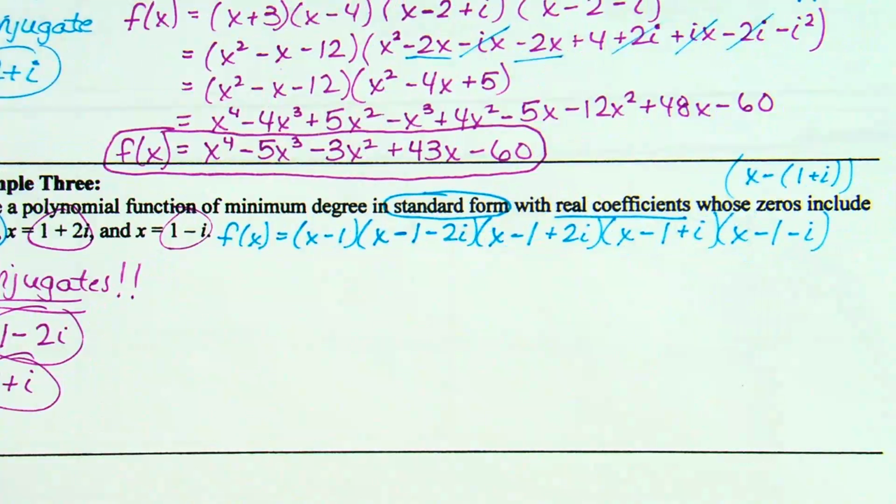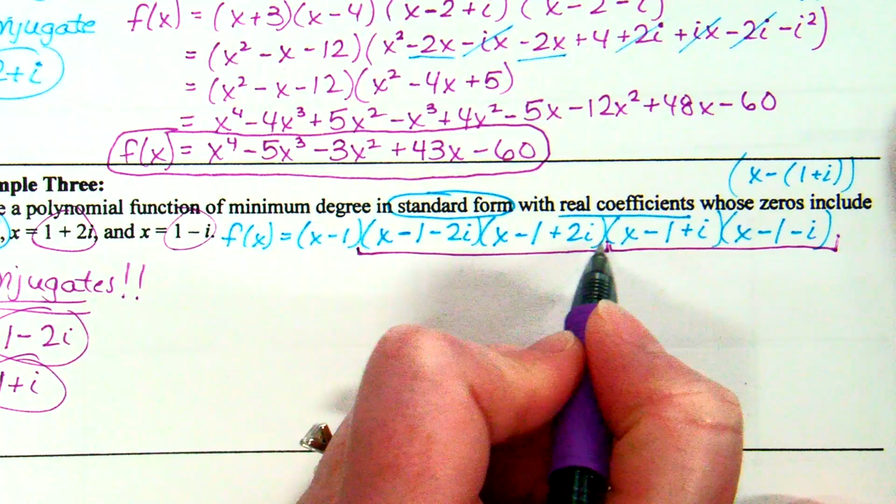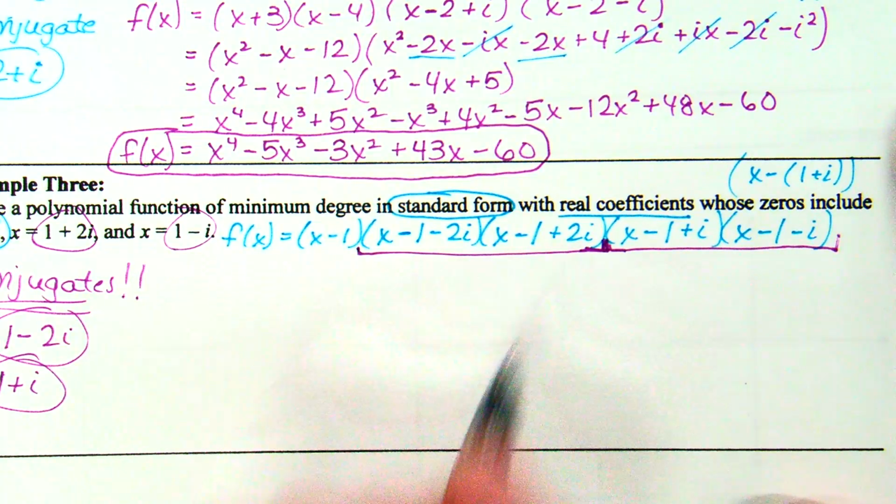If you're multiplying your conjugate, we're going to get rid of our i's all in the first pass through. Which means this x minus 1 is just going to stay right now. We're just going to carry it down. We're going to do the 1 minus 2i and 1 plus 2i, and we'll do the 1 minus i and 1 plus i. So worry about those conjugates. Now, I would say there's going to be a lot of terms here, yes? Write small.